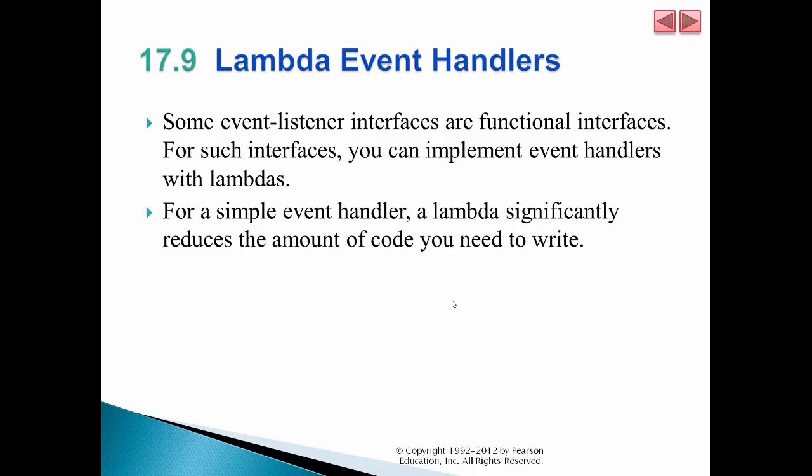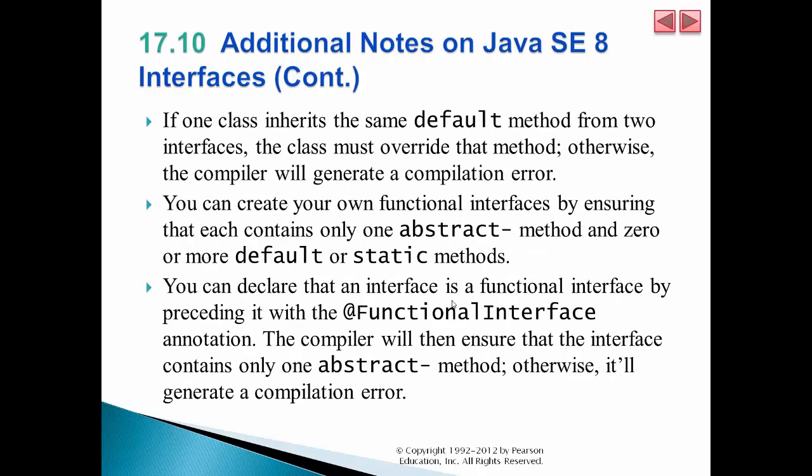It is easier than writing a lot of code. A lambda expression is a shorthand notation that makes your code more readable and reduces the amount of code you write. Okay, so these are just some syntactic sugars to take into account.